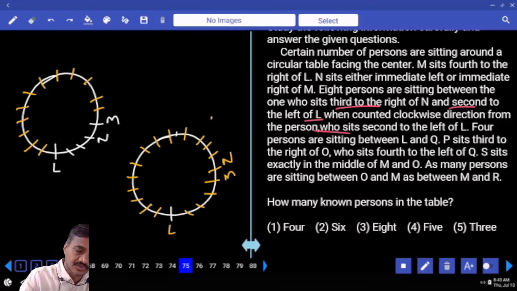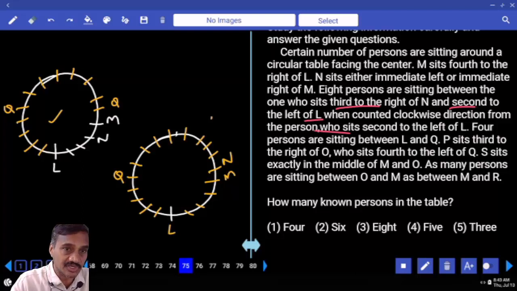Now here 4 persons between L and Q. Q can be here too. So how many possibilities are there in this one? 2 possibilities. But as here we have got only one possible, what we need to do is concentrate on this one. Once it has been done, if any condition is invalid, then you need to take the 2 possibilities. Or else you can end with this one itself.